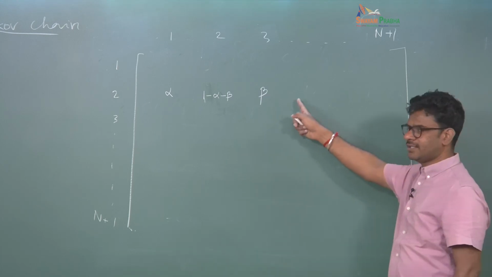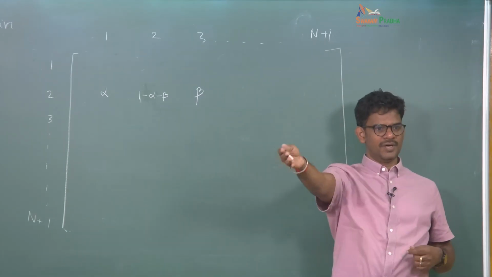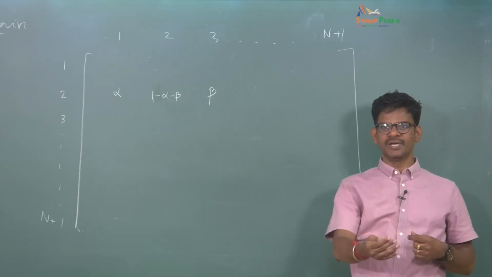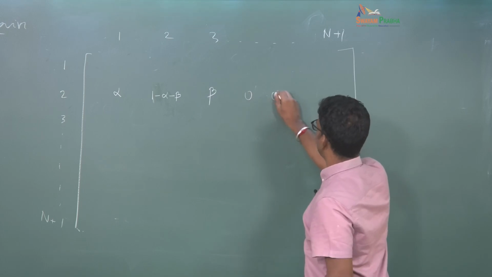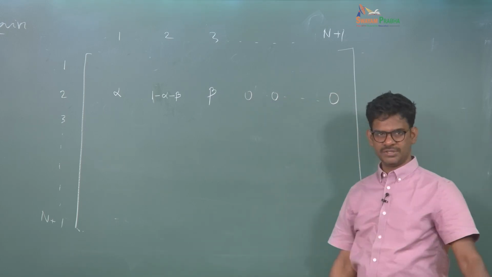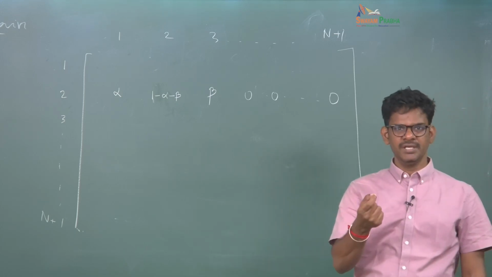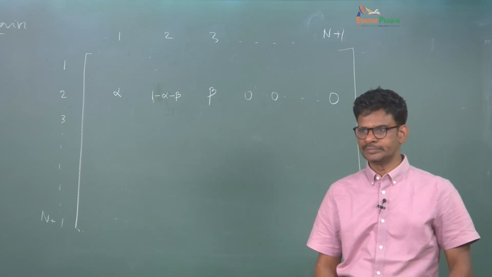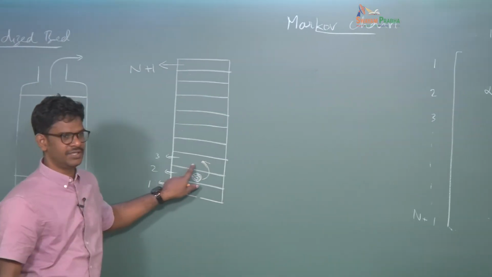Can it jump to state 4, 5, 6? It doesn't jump too far. It's only making an incremental jump to the next neighboring cells. So all the other elements are going to be 0 all the way up to n plus 1. This is the fate of a particle being in cell 2. Now let us say I put the same particle in cell 3.